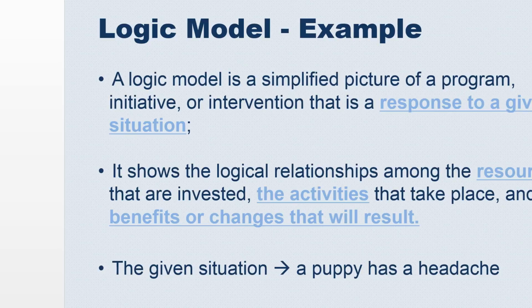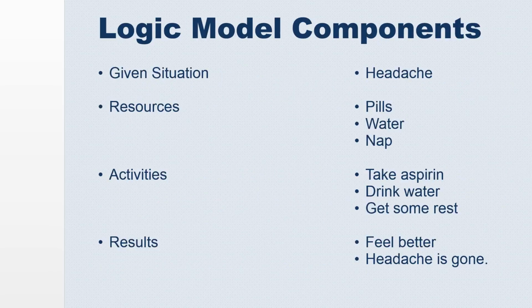The resources are perhaps aspirin, water, rest, and the activities, the puppy will have to take the aspirin, right? The puppy will have to drink the water and then get some rest. And the results are that he will feel better and the headache is gone. Okay, so there's your given situation. Here are your resources, the activities that will take place, and the results.